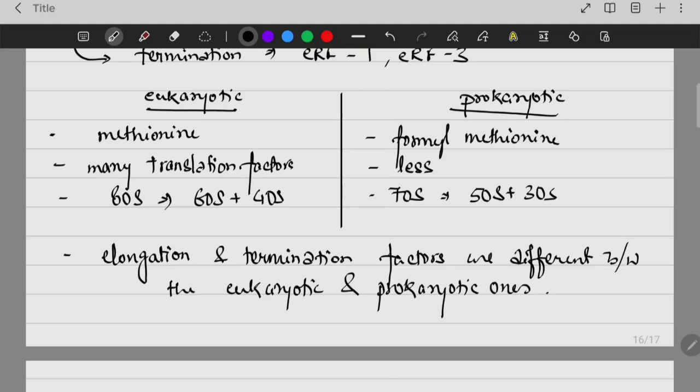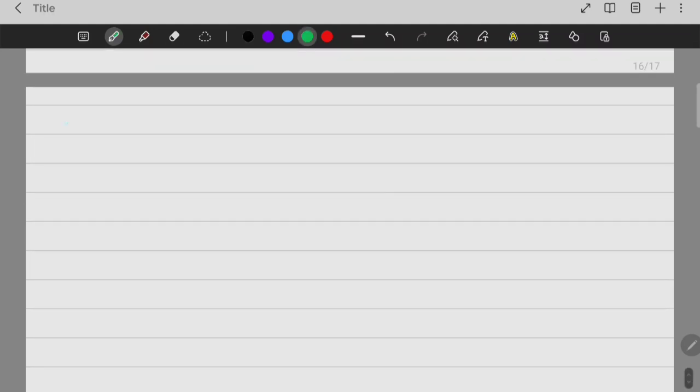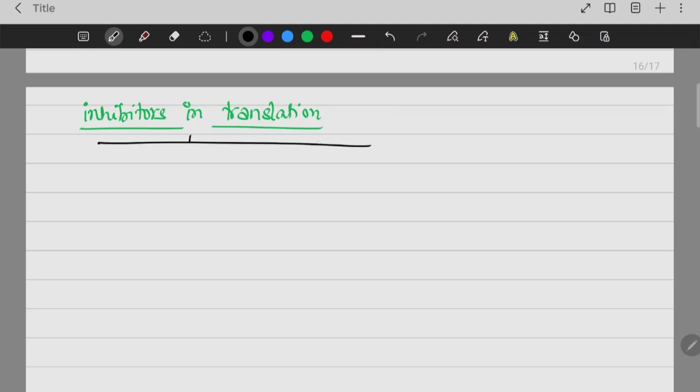Now the inhibitors in the translational process. This is very important. Inhibitors in translation, I can divide into 3 parts: one just for prokaryotes, one just for eukaryotes, and the last one for both.